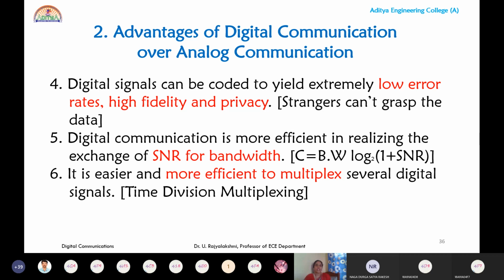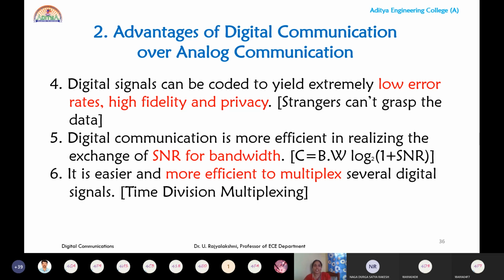So you can interrelate the SNR with bandwidth. Actually the digital signal possesses higher bandwidth. That is the drawback. To overcome it, you need to provide a trade-off between the bandwidth and SNR. That trade-off you can provide using the Shannon-Hartley theorem. So you may get why we need an interrelation between SNR and bandwidth. Always you need to improve the SNR, so once you want to improve the SNR, what should be the bandwidth?